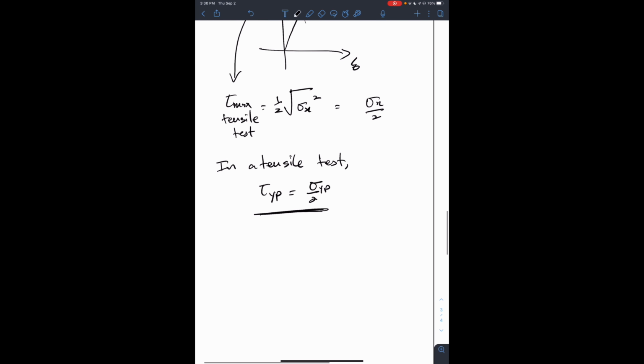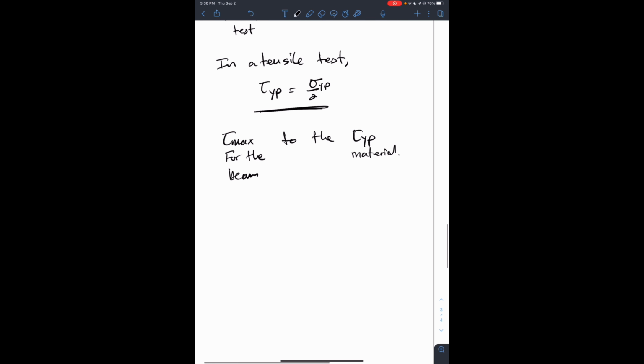So now we could compare tau max for the beam to tau yp for the material. We know if we cross this tau yp, we enter problems, permanent deformation, all that, so we want it less.